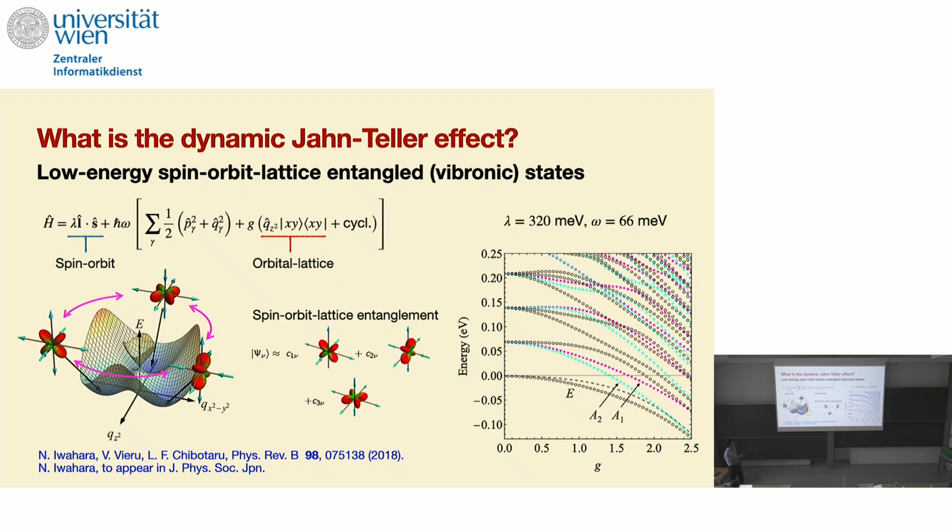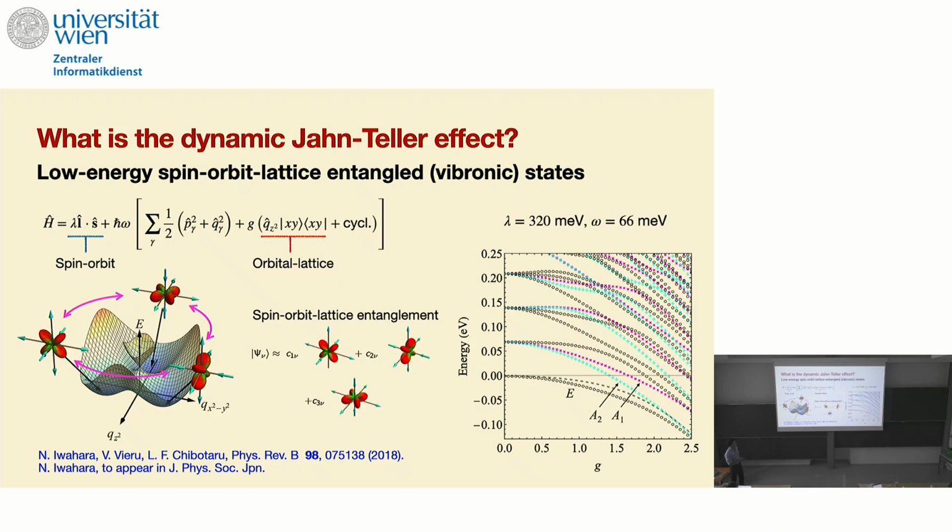If we numerically diagonalize this Hamiltonian with respect to the magnitude of the electron-phonon coupling, we obtain the energy spectra shown here. Without electron-phonon coupling, we simply obtain equally separated harmonic levels.